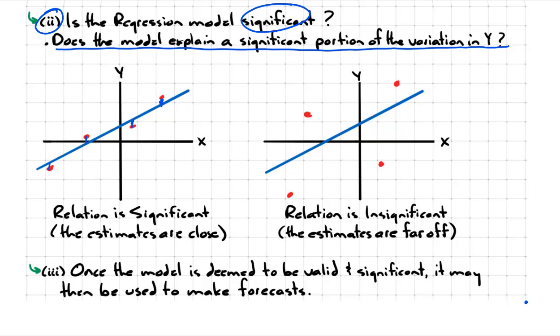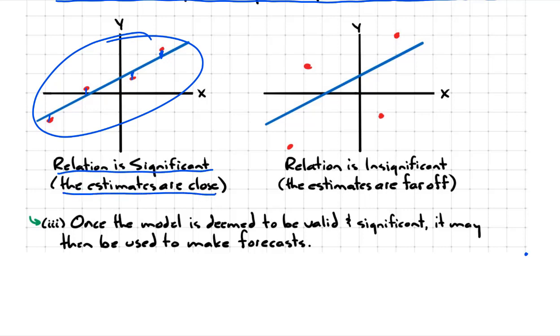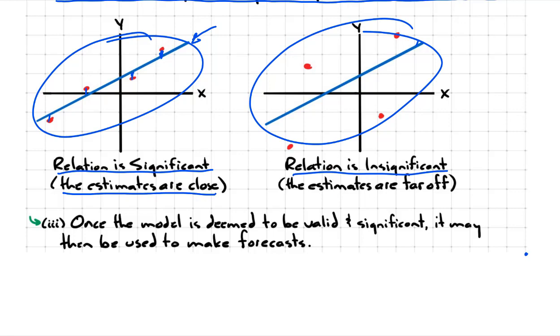In other words, the regression is doing a pretty good job of explaining the actual values. But here, wow, look how far the regression estimate is from the actual values. So what's the conclusion? In the first scenario, the relation is significant because the estimates, as represented by the regression line, are coming in close, whereas in the second scenario, the relation is insignificant because these estimates are far off.